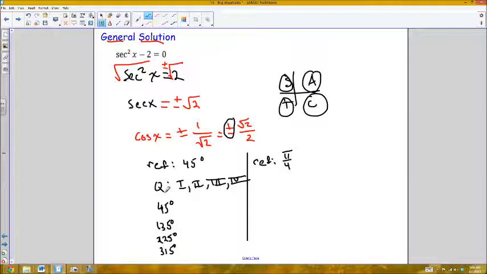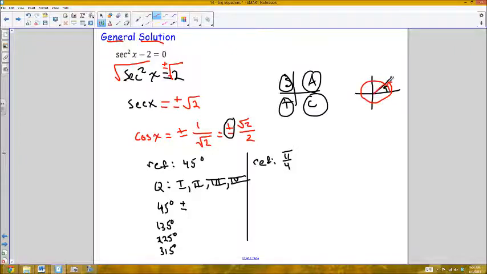Okay? Now, here's how we account for the general solution, or all solutions. Any angle coterminal to this will also be a solution. So I'm going to add or subtract any full revolution. What that means is this. I'm going to sketch 45 degrees here. An angle which is coterminal to this would be one that comes all the way back around to here.